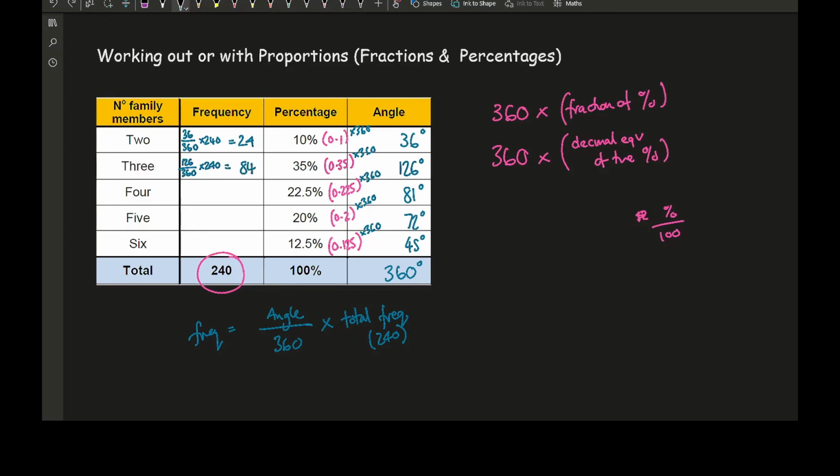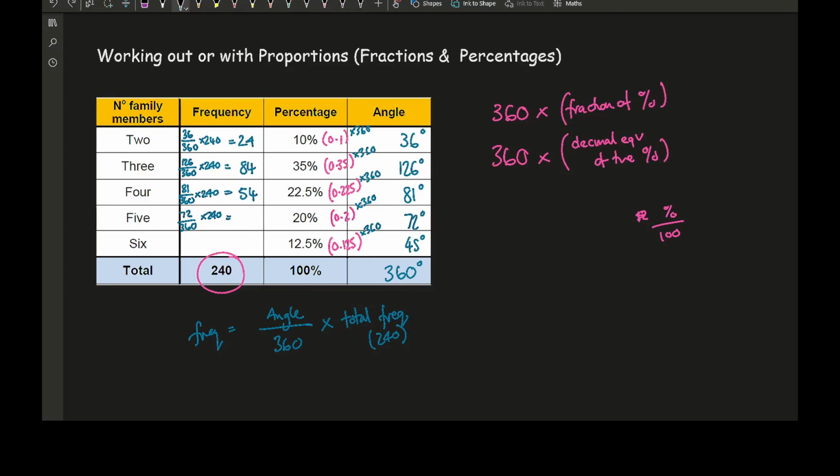And then it's going to be 81 divided by 360 multiplied by 240, which equals 54. And then 72 divided by 360 times 240. And again, this formula is exactly the one that we looked at previously, which again, I strongly recommend you include in your notes.